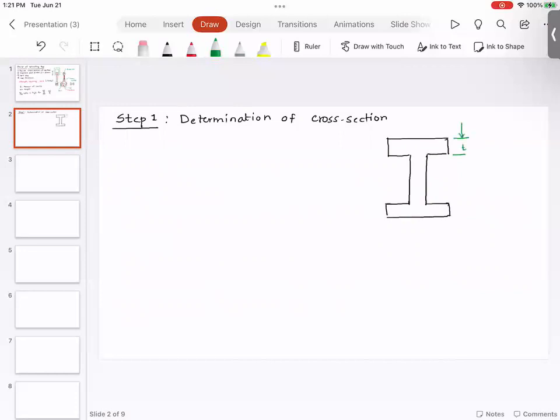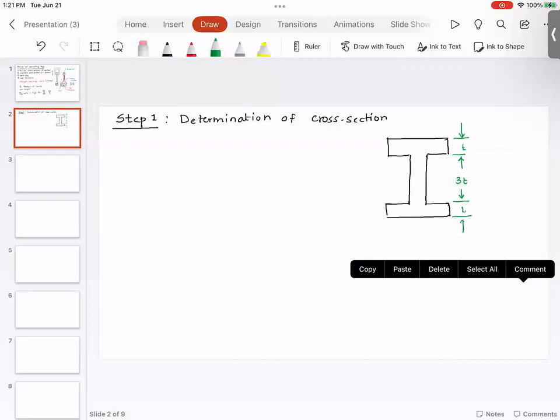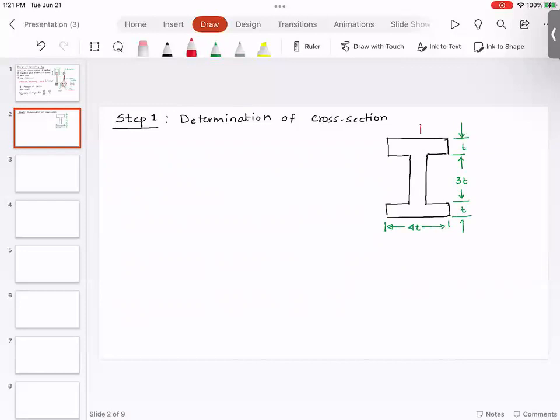This thickness is T, this thickness is 3T, then this is 4T, this is x-axis and this is y-axis.